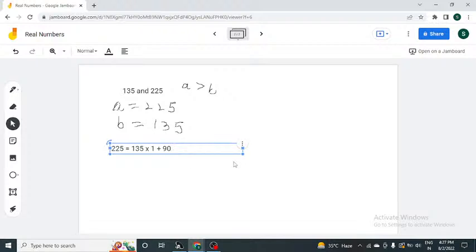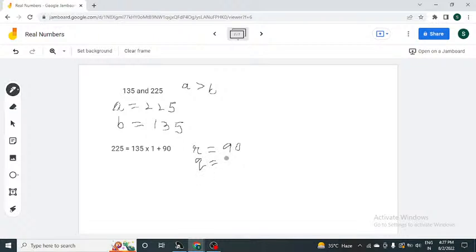Okay, so this is the first step. If you look at this step, you'll observe that R is not equal to 0; rather R here is 90, and the value of Q is 1.